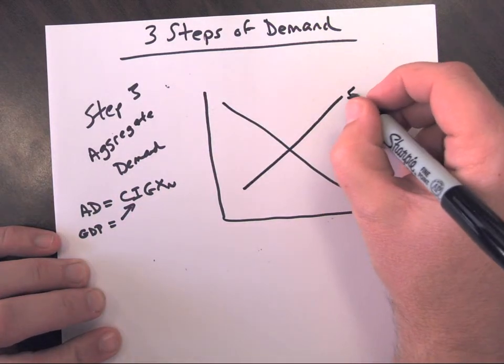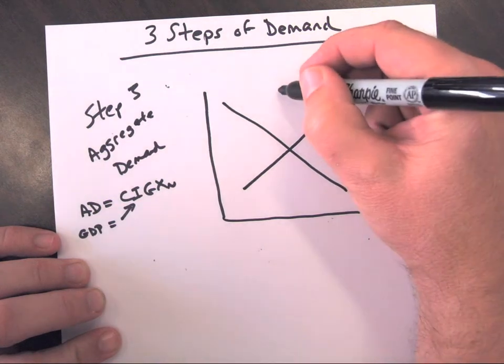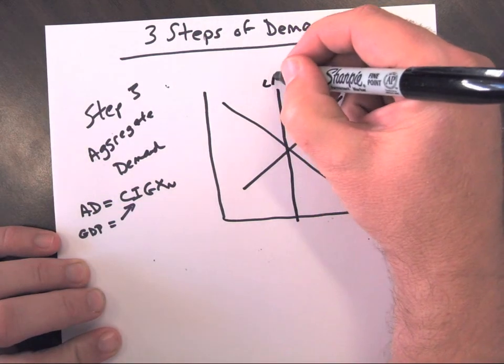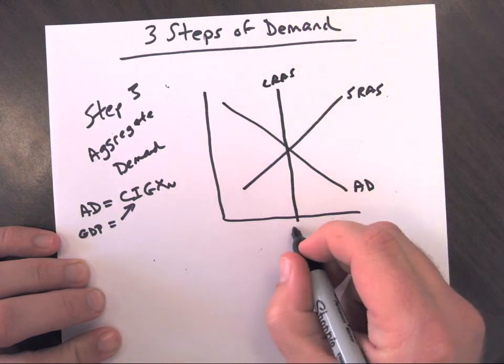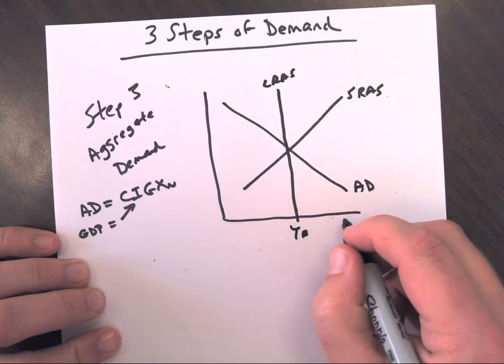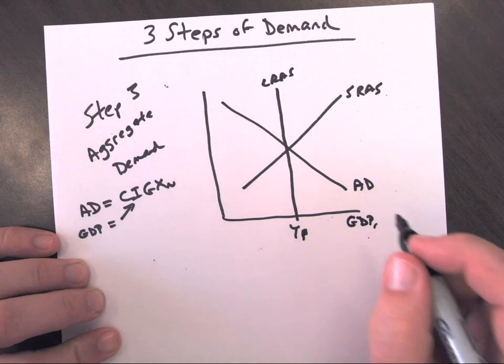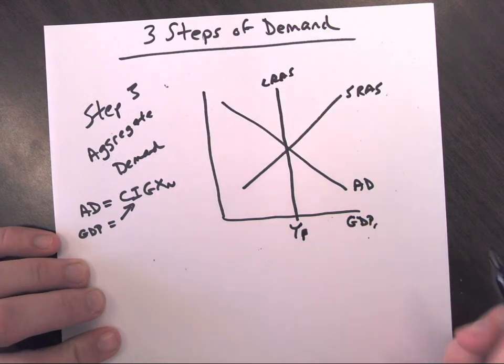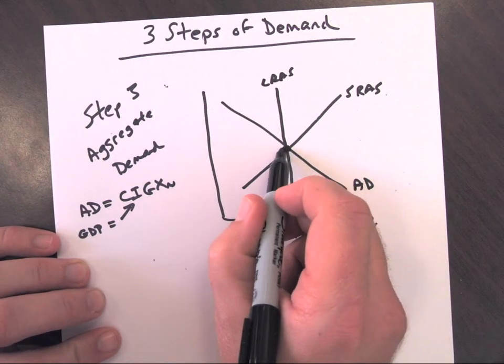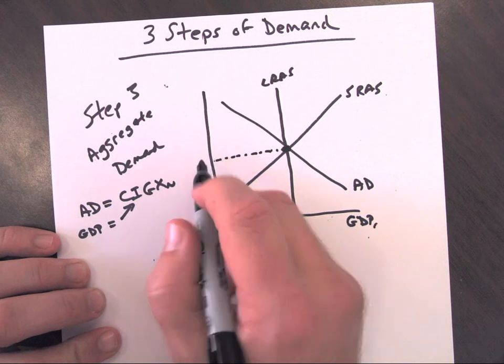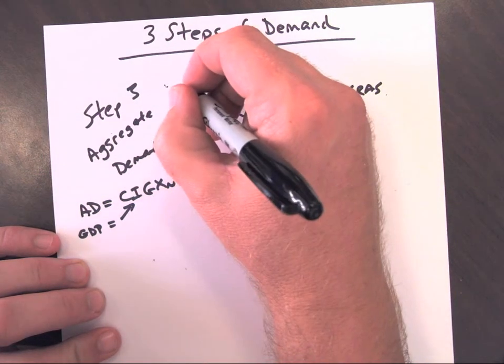So we have our short run aggregate supply, and we have our long run aggregate supply, and that is at full employment, with the x-axis being GDP. GDP represents all the aggregate spending or all the aggregate income that's in the economy. Now this particular one is at full employment equilibrium, or long run equilibrium.